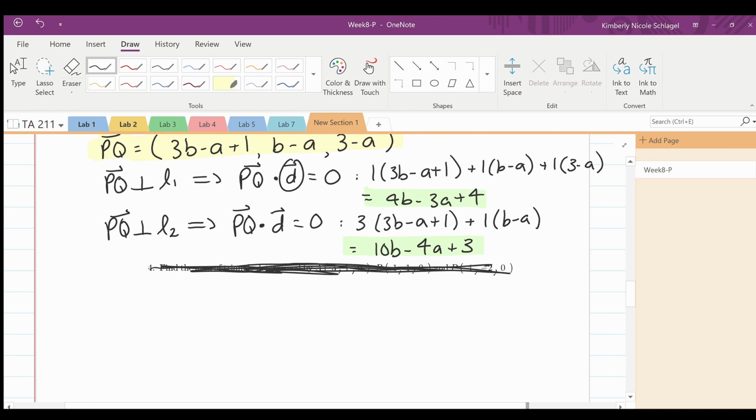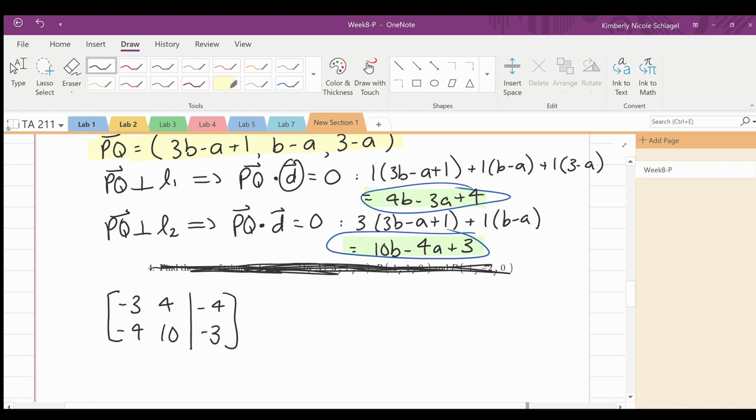Okay, so I have these two equations right here, this guy and this guy. Because I have a system of linear equations, what can I do with them? Well, if I want to solve for what a and b equals, I can just put them into a matrix, right? So if I put these guys into a matrix, it ends up looking like this.